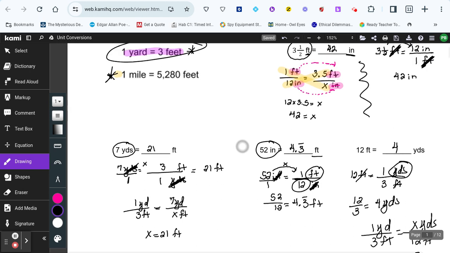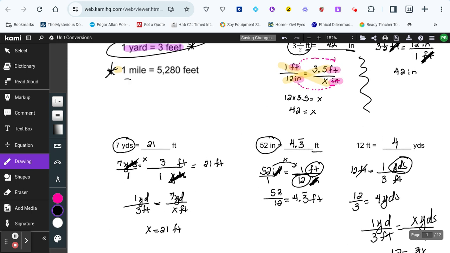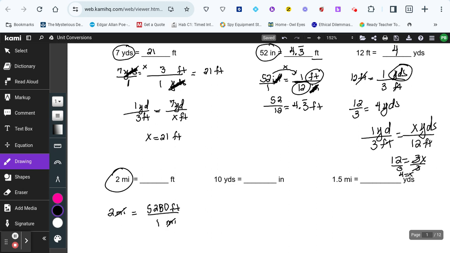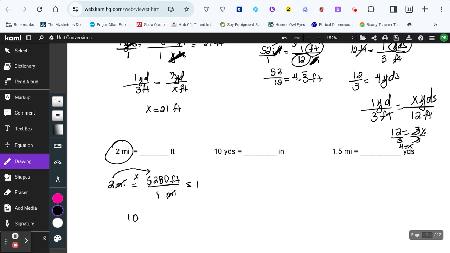So that's 5,280 feet in the numerator. And the number 1 in my denominator. All right, so for these 2 are on top, so I multiply them. So 5,280 times 2. And I get, I'm going to do it down here. I'm going to get 10,560 feet. I don't know why this is writing like this.